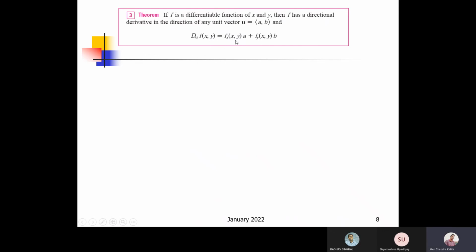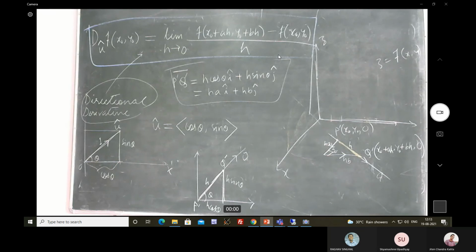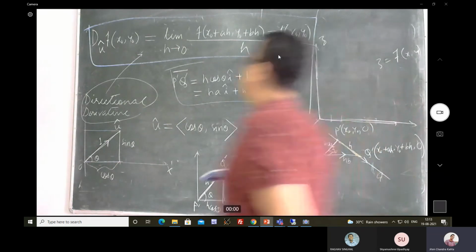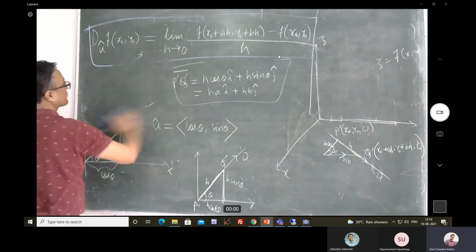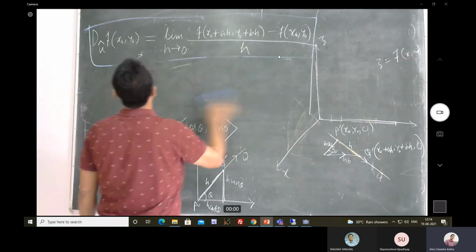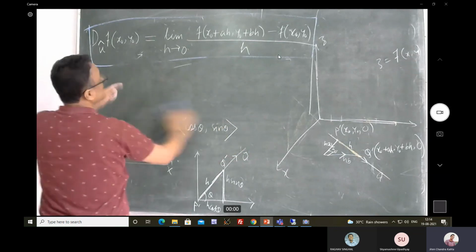It is nothing but the gradient of the function with respect to... gradient we still have to define, sorry about that, I'm going to come back to that later on. So this is nothing but the partial derivative of the function at that particular point times the first component plus the partial derivative with respect to y times the second component. Okay, fine. I'll take some extra time just to finish this.